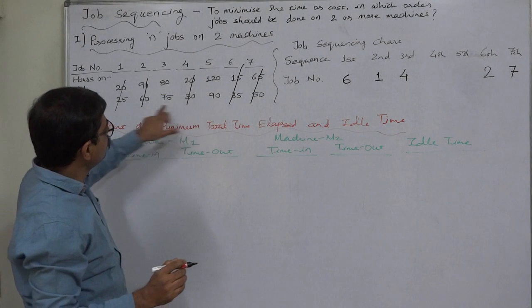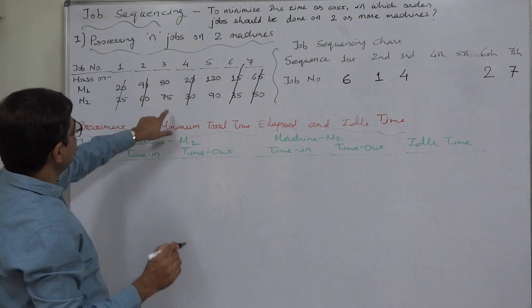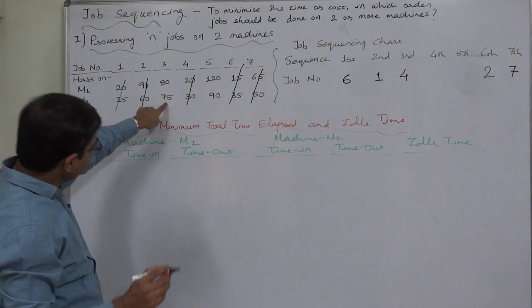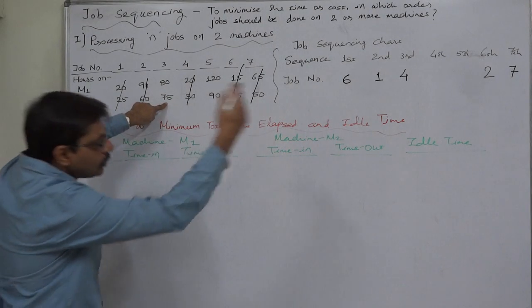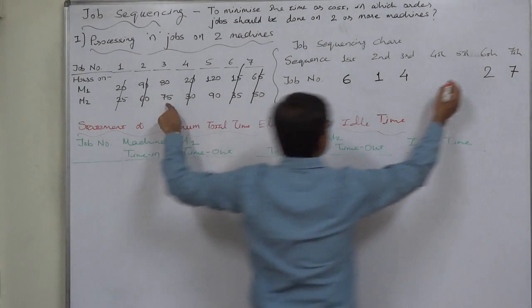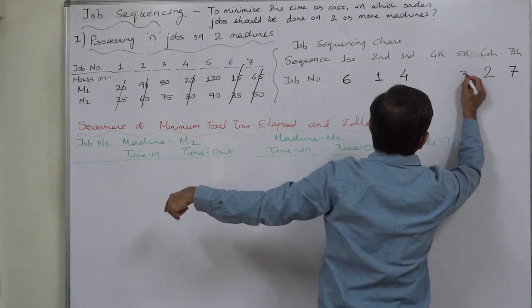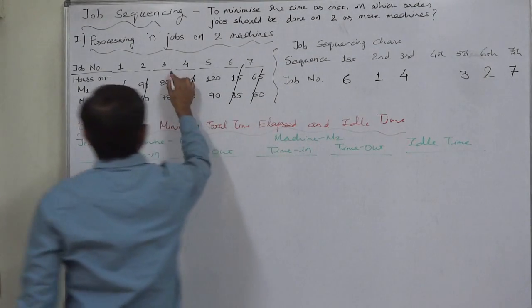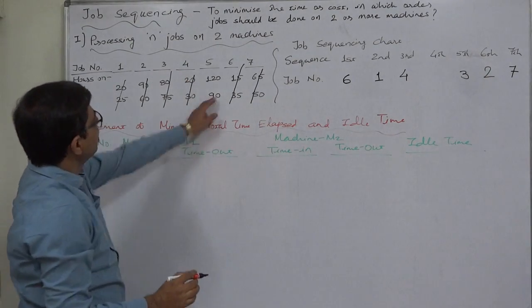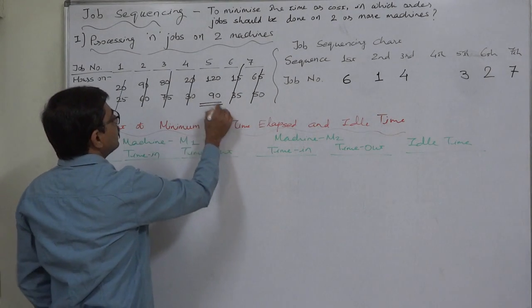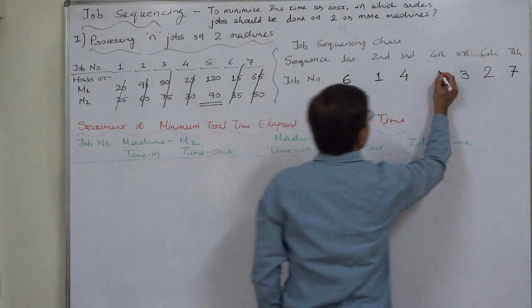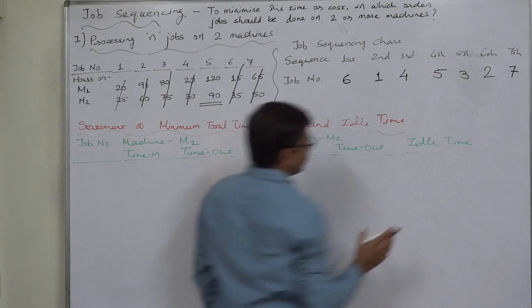Now for the remaining 2, the lowest time is 75. Again it is on machine 2, so we have to place it on the right hand side. Job number 3. And the last is job number 5, only one place, 4th.